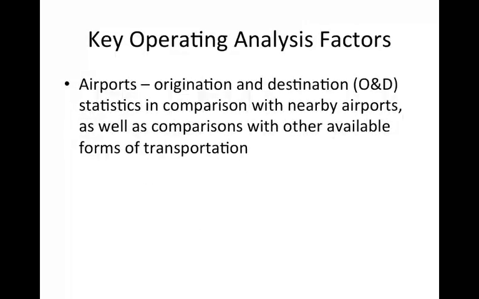So, for instance, if you're looking at airports, they're looking at O&D, origination and destination statistics, the number of arriving flights, the number of departing flights, the number of passengers on those flights. You're going to look at nearby airports because those are the ones that they're directly competitive with.